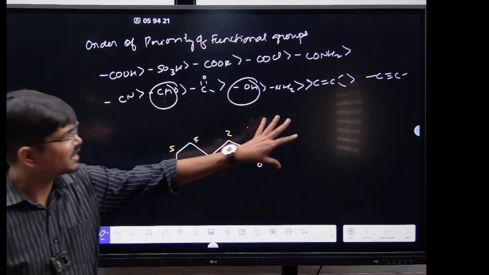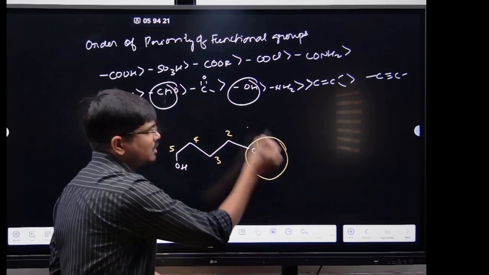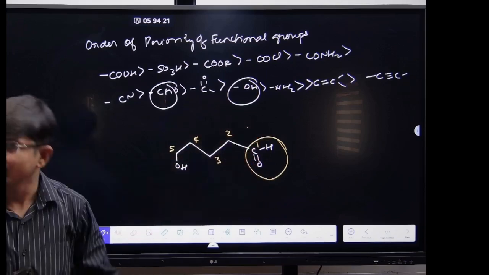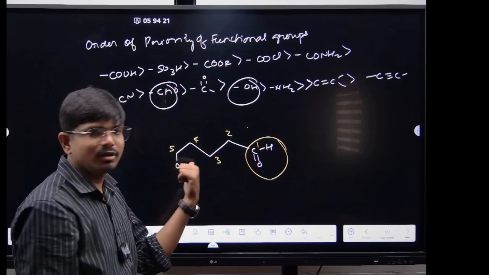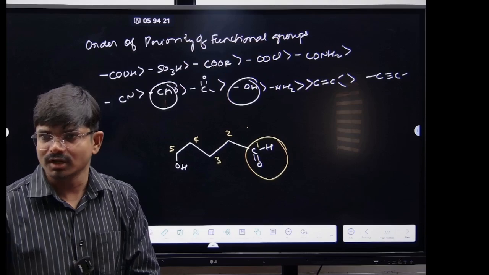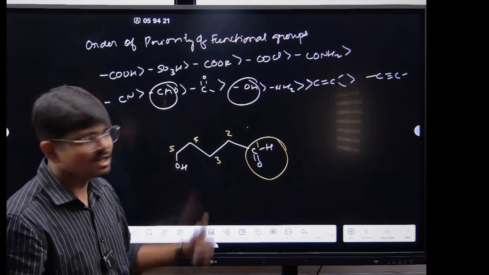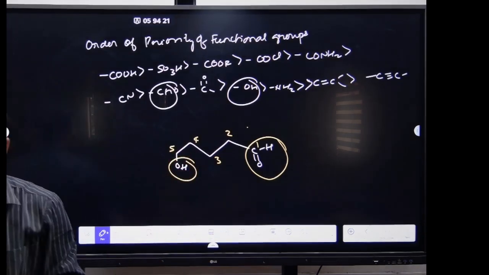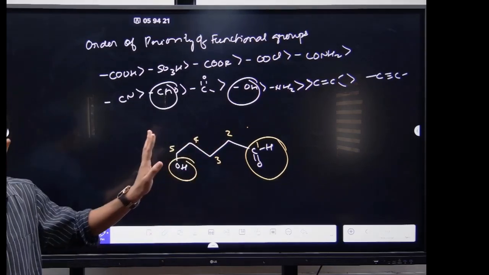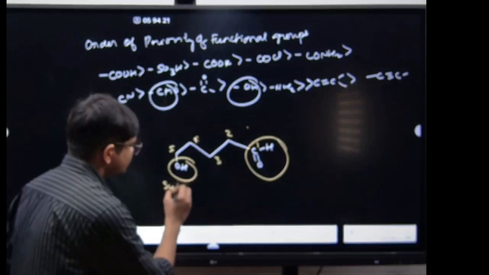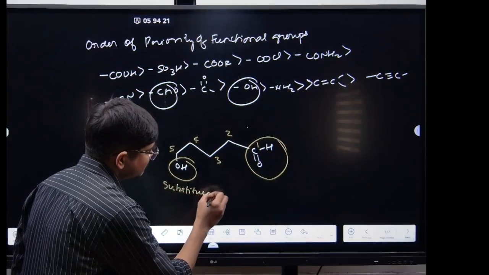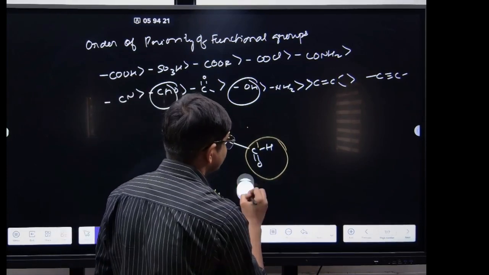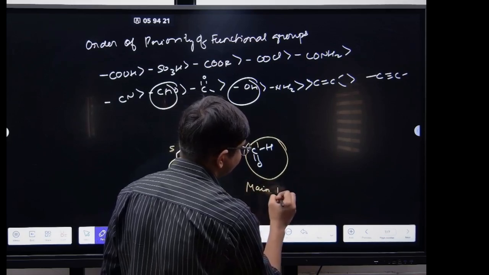Now see here, this is the main functional group. However, this is also a functional group, but in this case it is the main functional group, and this one is the next functional group, and its priority is less. So this will be treated as a substituent in this case, because here the other one is the principal functional group, or the main functional group.